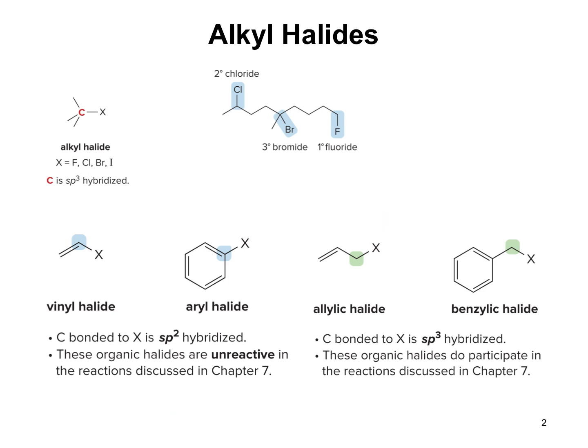Now, we have some new vocabulary as we talk about alkyl halides. One of the alkyl halides that we'll refer to is a vinyl halide. When you hear people talk about the vinyl group, this is something bonded to a double bond here. You'll also hear people talk about aryl halides.